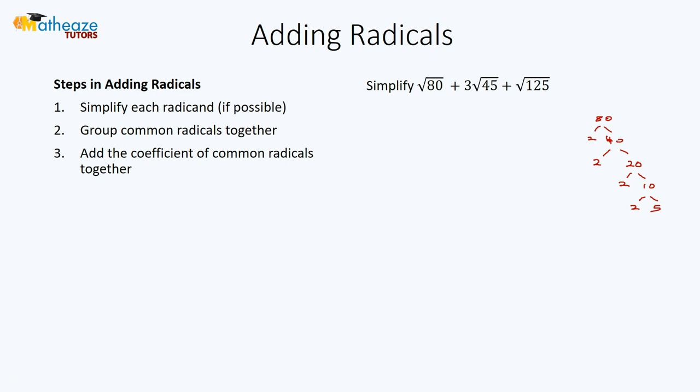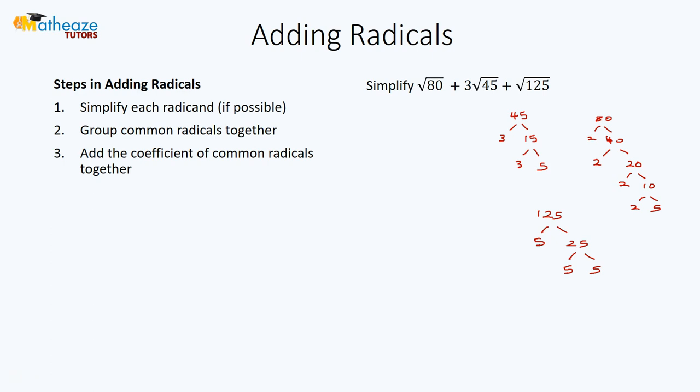Let's look at 45. We have 3 and 15, and then 15 becomes 3 and 5. And then 125, we decompose this to 5 and 25, and then 5 and 5.